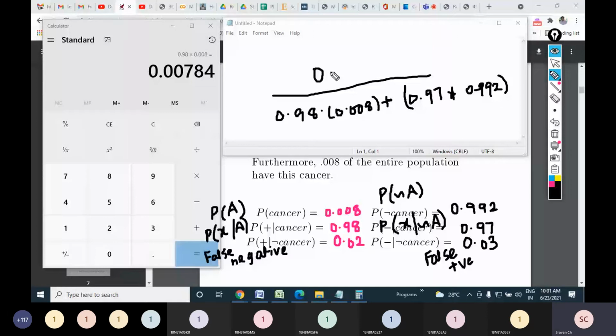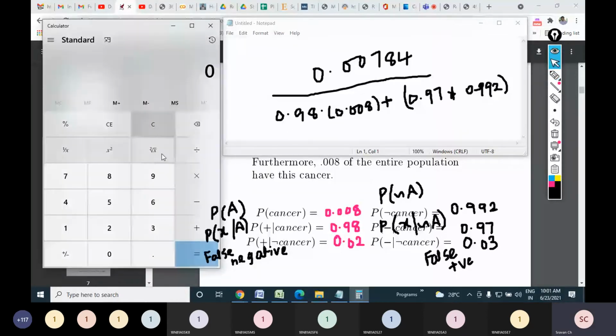0.00784 divided by, so this value is again 0.00784. I need to find this. So, clear. 0.97 into 0.992.